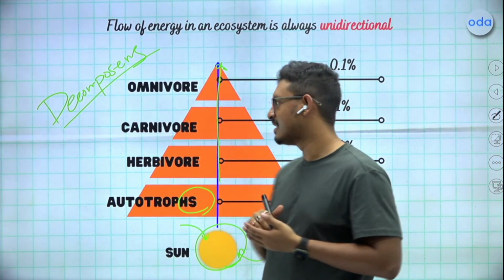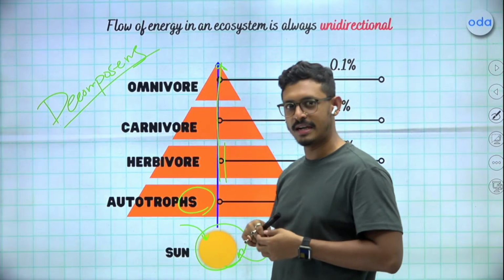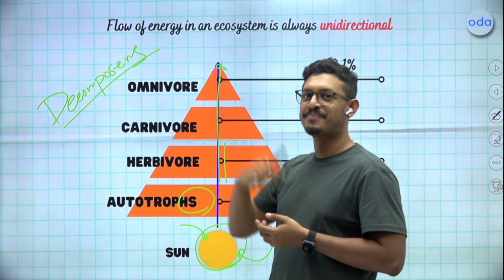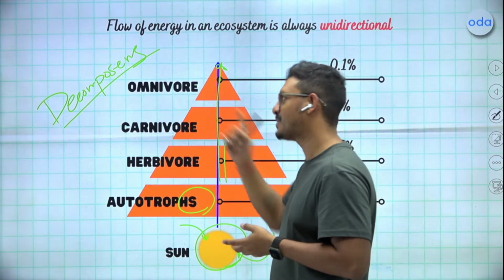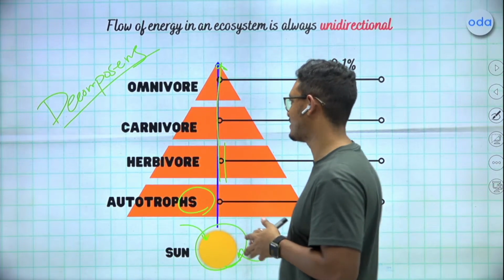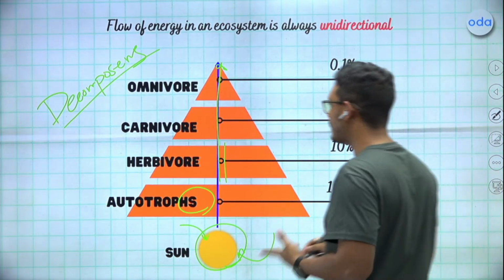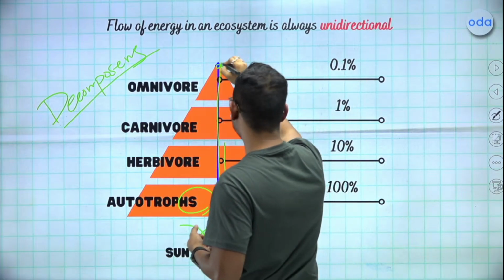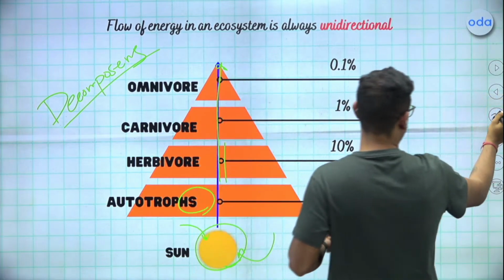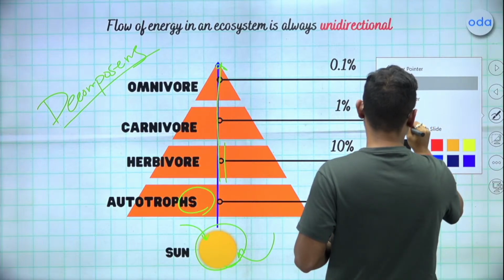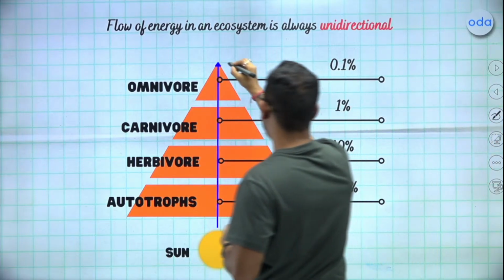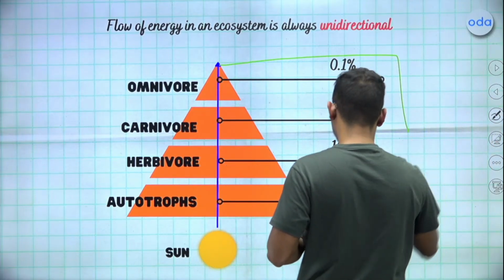Circle of life. But this is going in only one direction. Then how is the chain maintained? That's because I did not teach you about the decomposers yet. If I want to put decomposers here, I would have to put them as a link between these two.